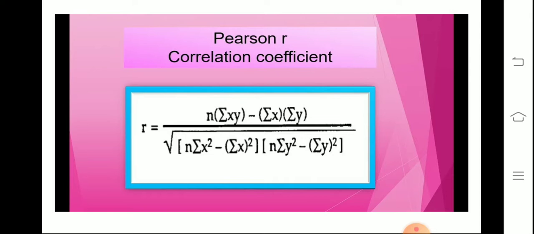We have here the formula for our Pearson correlation coefficient.